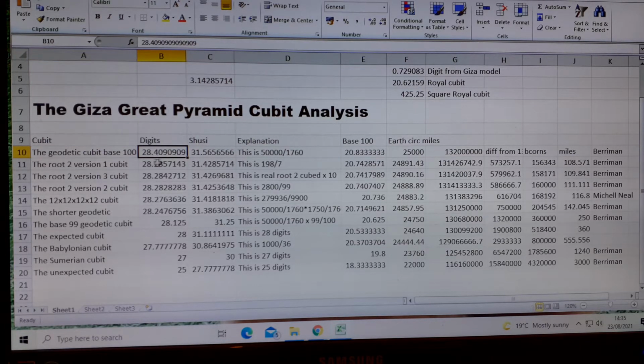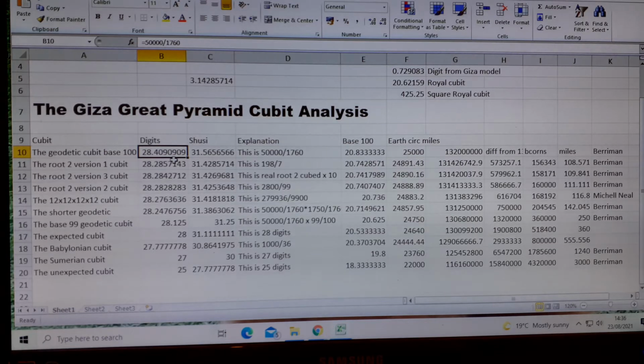We know that it's 50,000 divided by 176, so there it is. And what I'm doing is multiplying this column, which is B10, by 0.733, which is the base 100 digit. We're getting the base 100 cubit there.